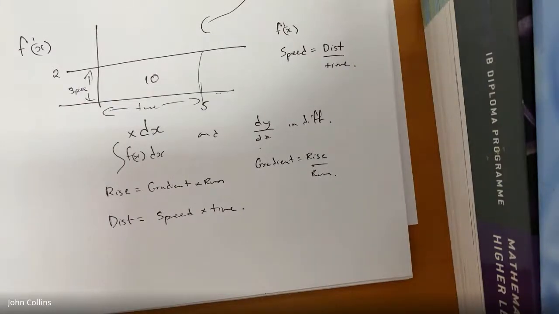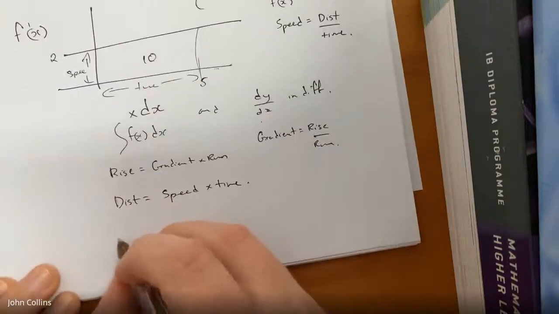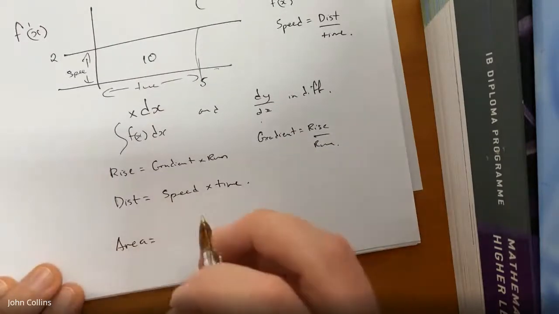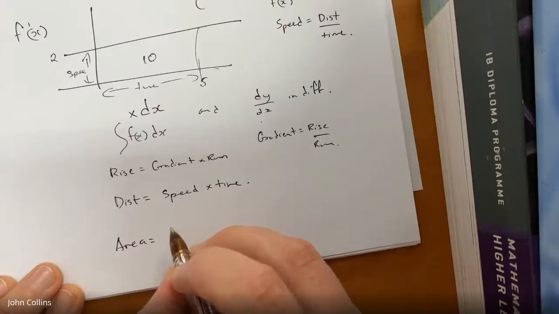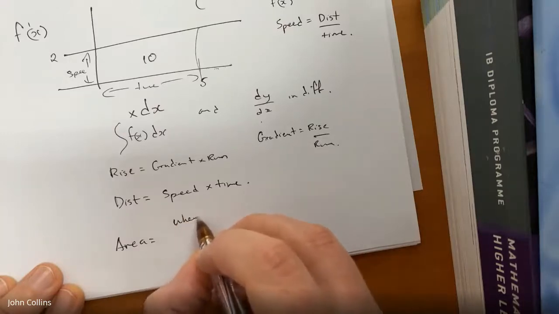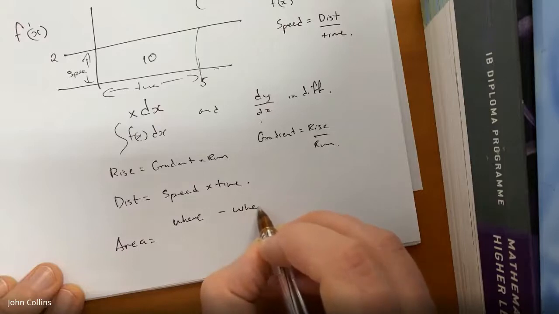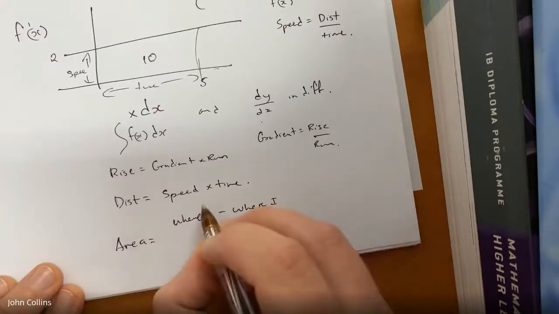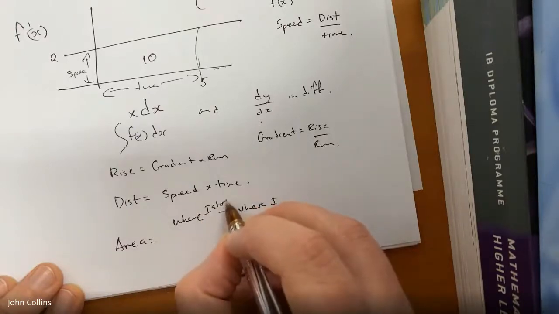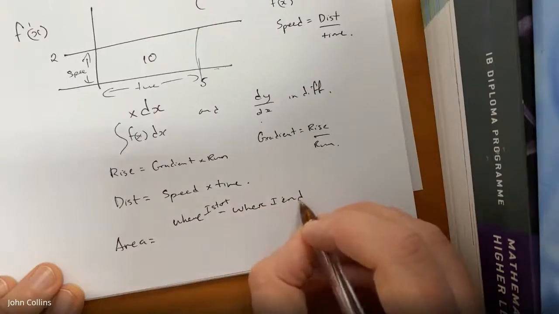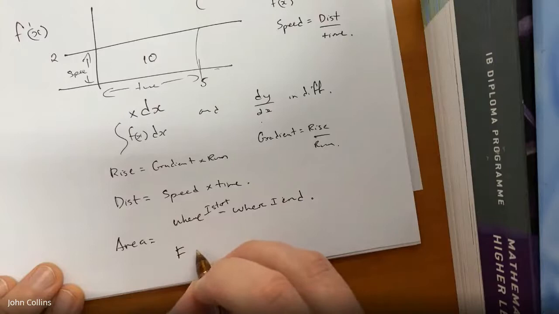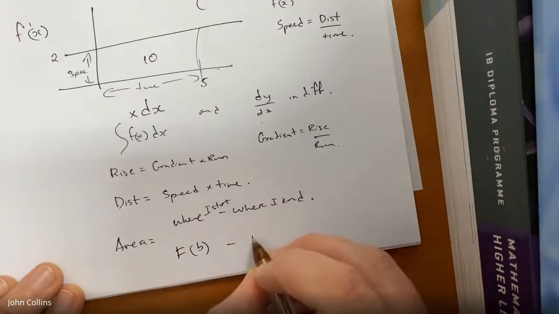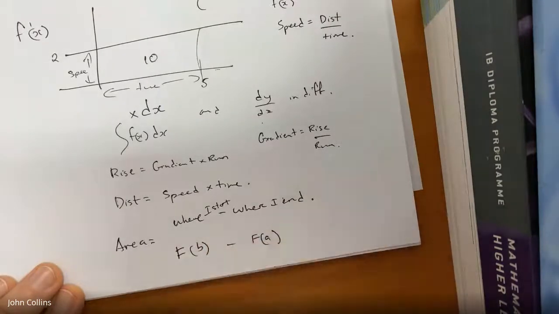So what was the area then? If we relate it back, the area is where I start minus where I end, or the other way around if one is negative.